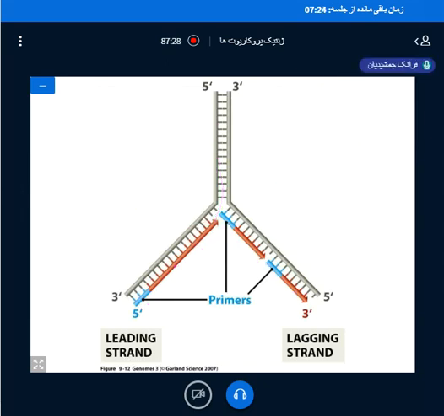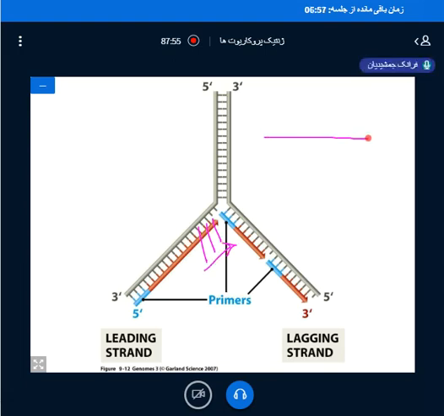For example, this is 3', yes? For example, DNA polymerase puts one wrong nucleotide here. It can remove the nucleotide from the 3' and put the right nucleotide and continue.